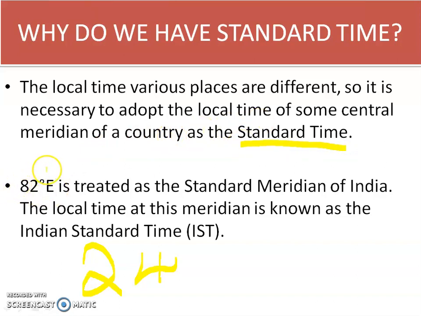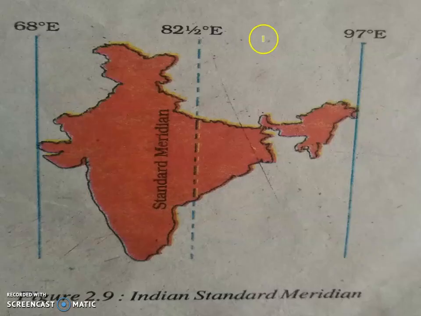In India, 82 degree east is treated as the standard meridian of India, and the local time at this meridian is known as Indian Standard Time. Now I will show you the Indian Standard Meridian. Exactly 82 degree east is the Indian Standard Meridian.